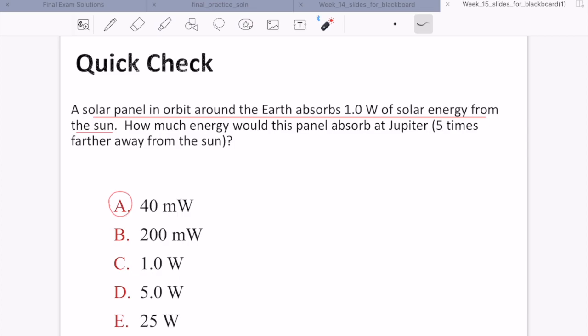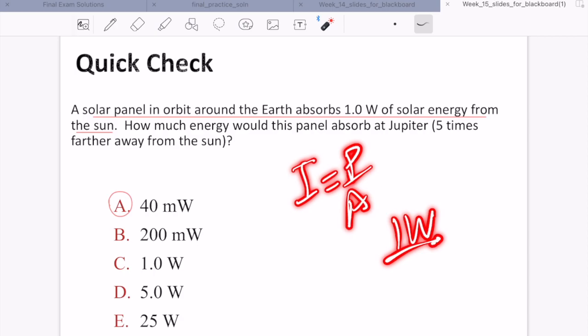I'm so tired. I'm sorry. Give me a sec. So if our power is 1 watt, our intensity is power over area, and our area now is 25 times that.